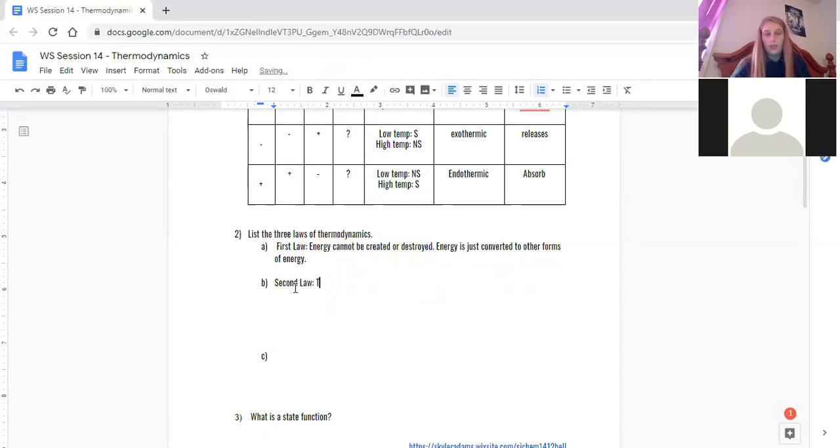Entropy, if you don't remember, is like disorder or the amount of movement in the system. So the entropy of an isolated system or the universe is always increasing or decreasing. What do you think?